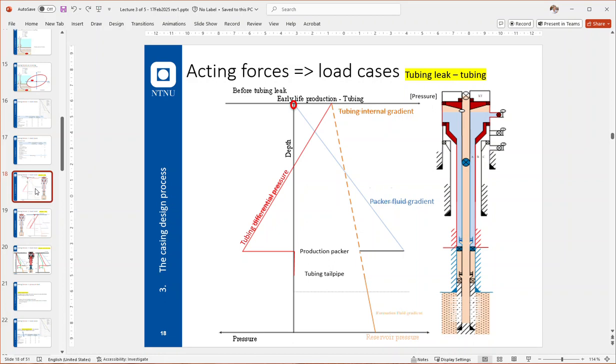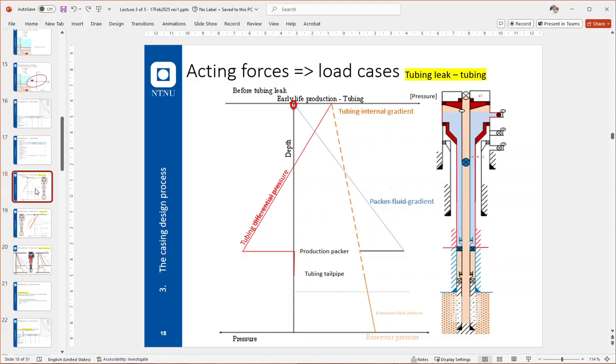This is probably the most important load case because it is the one that determines, in most cases, what kind of casing you need to have when it comes to yield and thickness for the production casing.